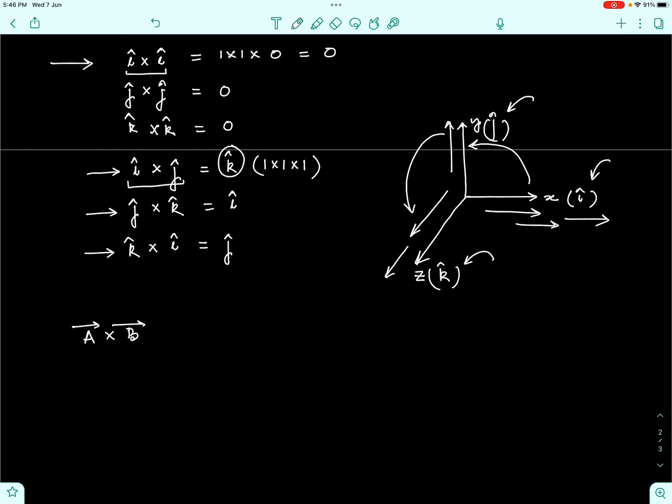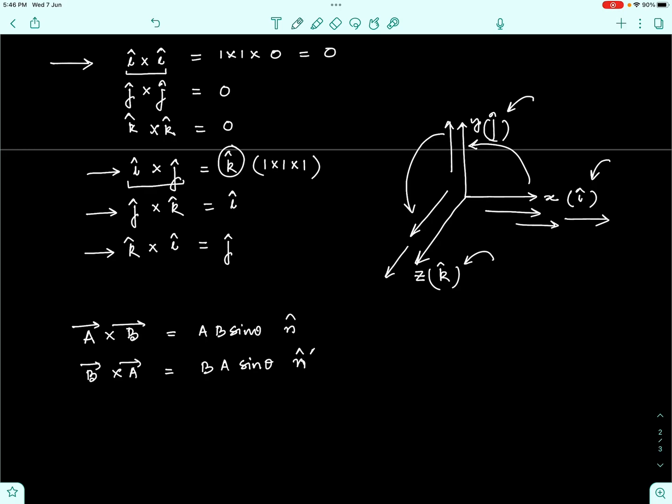When we write A cross B, which is A B sine theta into n cap, what shall be B cross A? B cross A shall be B into A into sine of the same angle between the two vectors into, this time, a new unit vector, let's call it n cap dash.